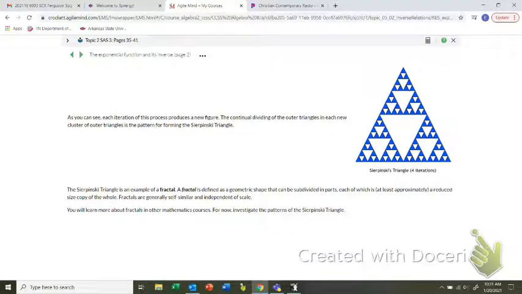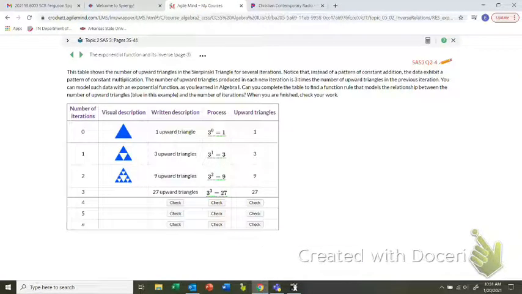All right, so now number 2 says, the table shows the number of upward triangles in the Sierpinski triangle. Notice that instead of a pattern of constant addition, the data exhibits a pattern of constant multiplication.